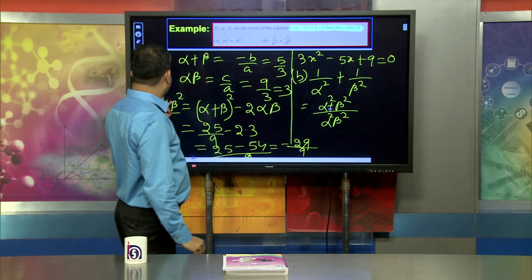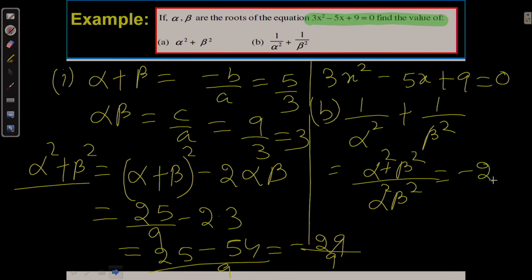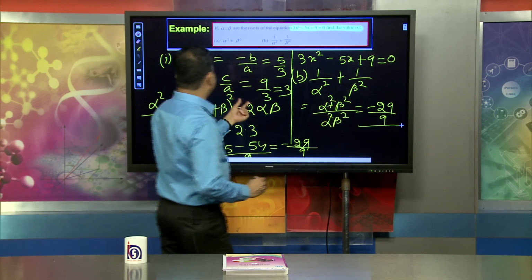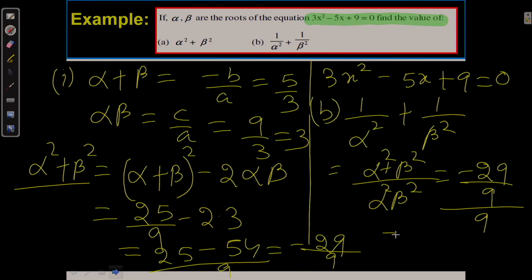And we have already found alpha square plus beta square, that means minus 29 by 9, divided by alpha beta whole square. That means 3 whole square, which equal to 9. So when we simplify, we will find minus 29 divided by 81.